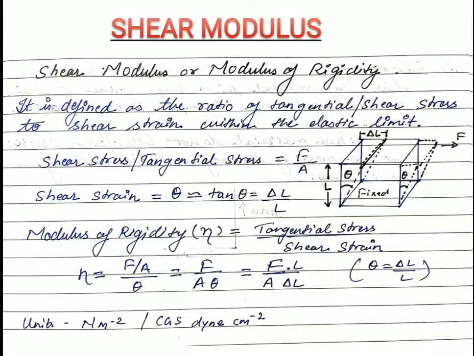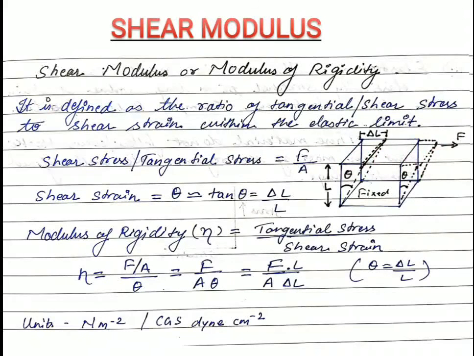It is defined as the ratio of tangential stress to shear strain within the elastic limit. So students, shear stress or tangential stress equals force upon area, and this force is acting tangentially to the surface. Okay, this we have already talked about in our previous lecture.